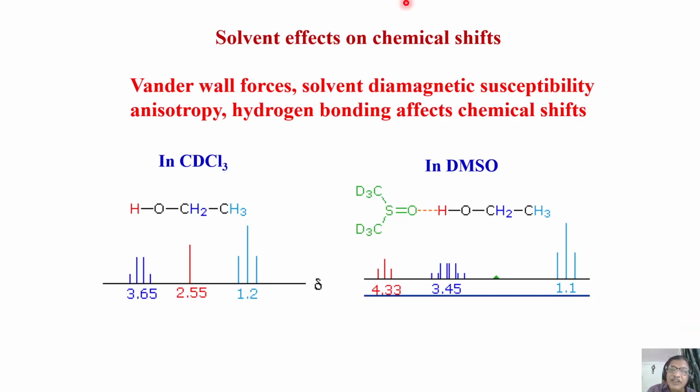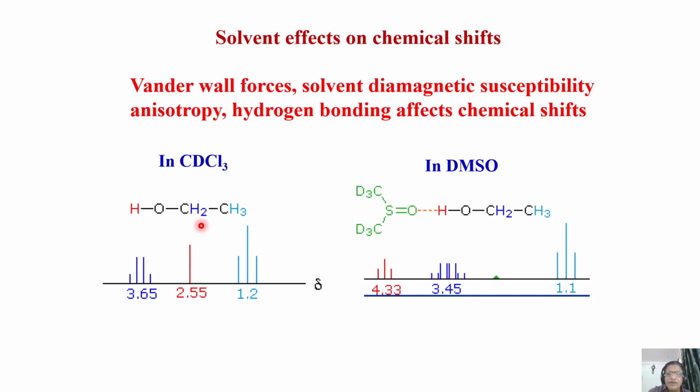The solvent effect is there on the chemical shifts. Look at this molecule, CH3CH2OH, the famous ethanol molecule. Now, if I take this in chloroform, very clearly I am going to get a peak for the ethyl CH3 group, a peak for the CH2 group, and a peak for the OH group. No doubt about it. Very clear.